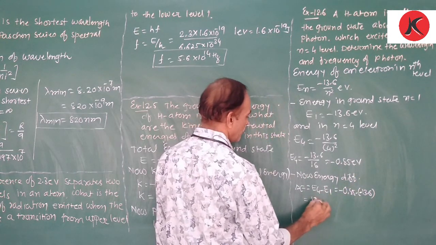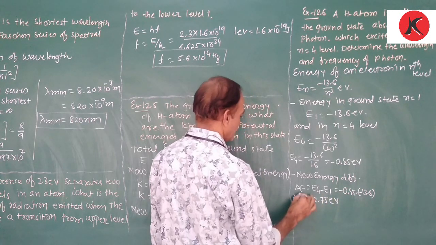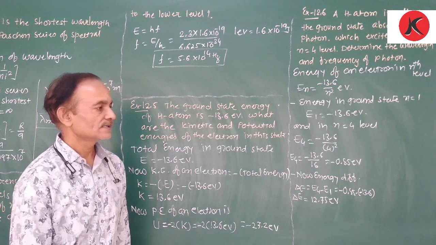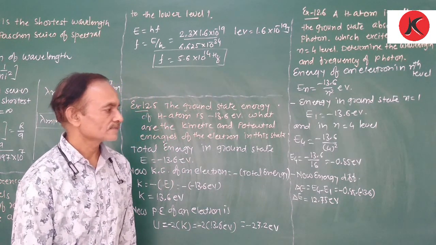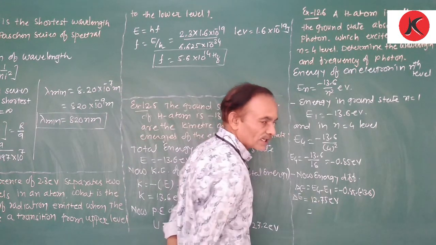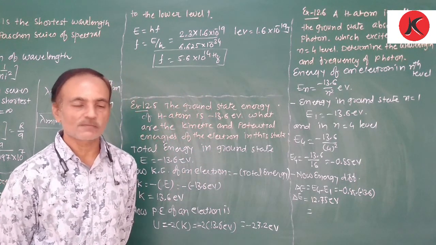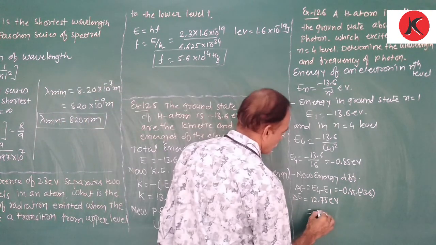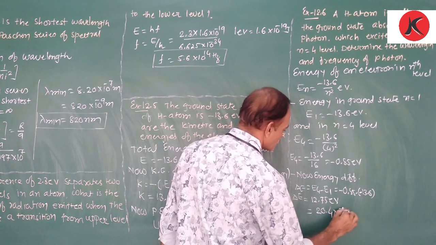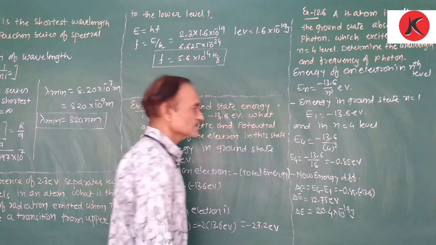That means 12.75 electron volt is the energy difference between the ground state and the 4th level orbit. Converting electron volt into joule by multiplying by 1.6 into 10 raised to minus 19 joule, it is equal to 20.4 into 10 raised to minus 19 joule. That is the energy.